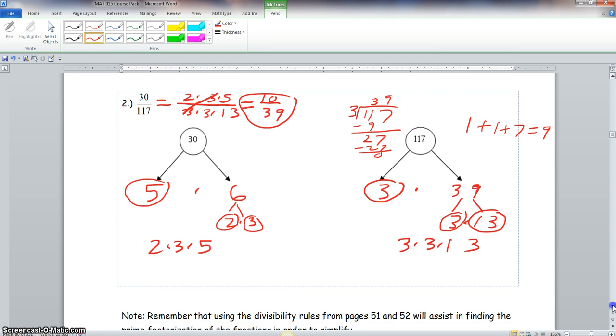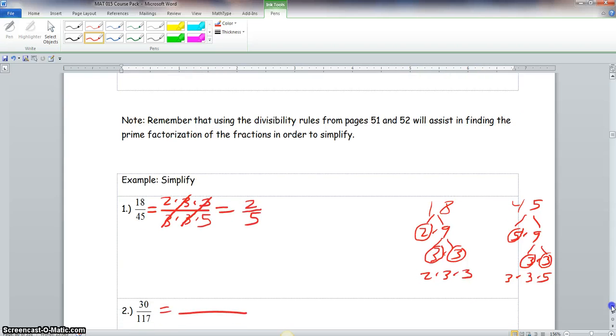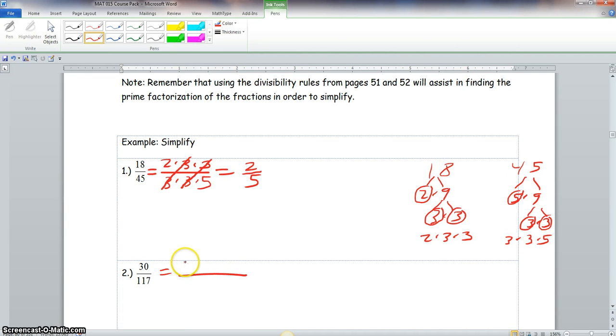We know the prime factorization of 30 is 2, 3, and 5. And we know the prime factorization of 117 is 3, 3, and 13. These 3's simplify out, and you get 10 over 39, which is basically the same process.